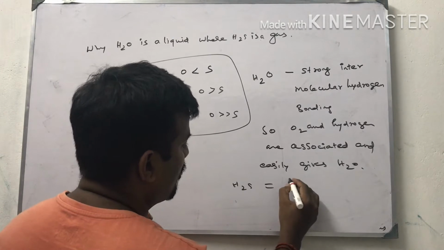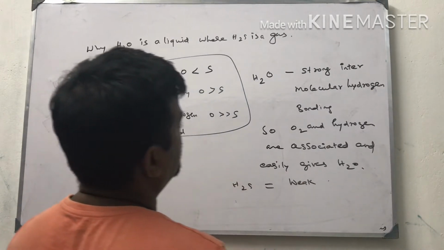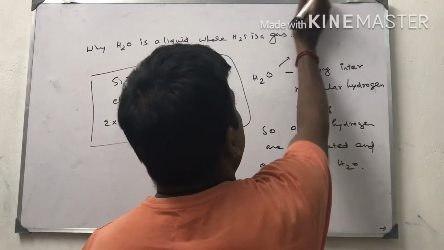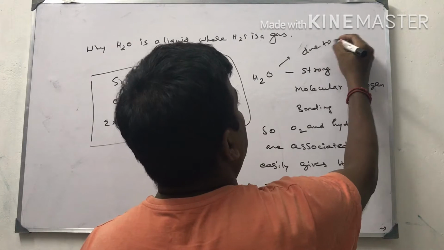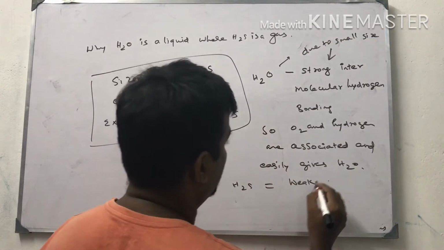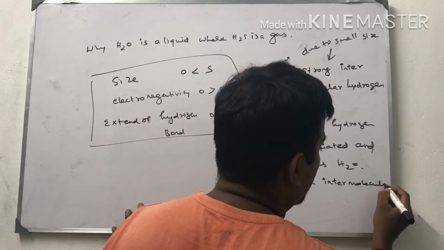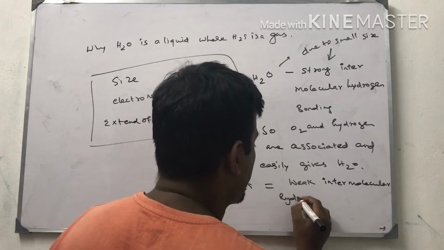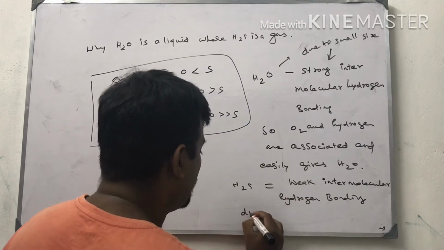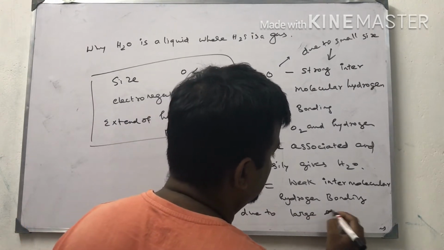H2S has weak intermolecular hydrogen bonding due to its larger size. Small size gives strong bonding, large size of the atom gives weak intermolecular hydrogen bonding.